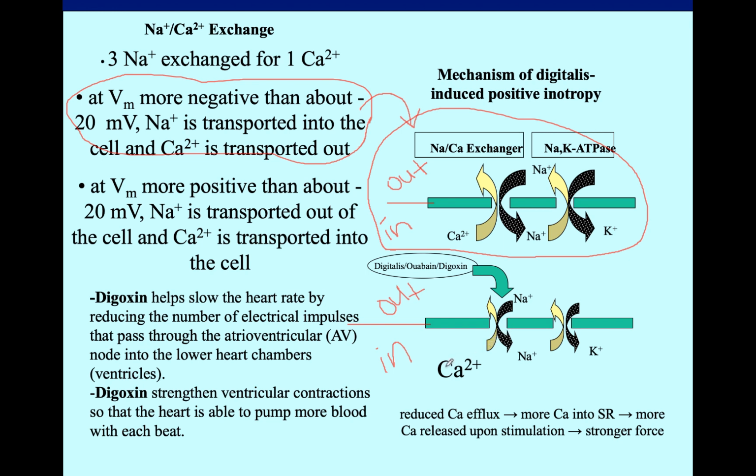Well, if I decrease the amount of calcium leaving the cell, this calcium that's in the cell is going to eventually get stored into the SR. So if I reduce calcium efflux, that means letting calcium out, more calcium stays inside the cytoplasm of the cell, which will eventually get stored into the SR. And if you have more calcium in the SR, that means during your next contraction, that SR is going to release double the amount of calcium that it did before.